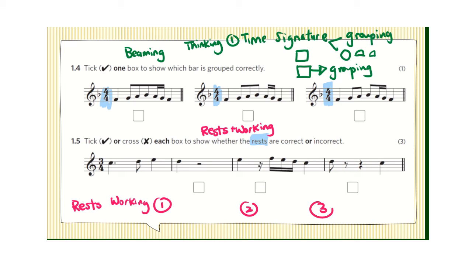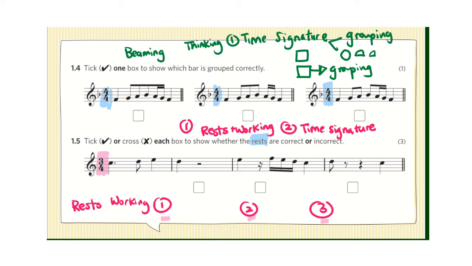Then you have to take a look at the time signature. So this time signature is over here, and based on the time signature, you think how many steps you need. Step 1, step 2, step 3.